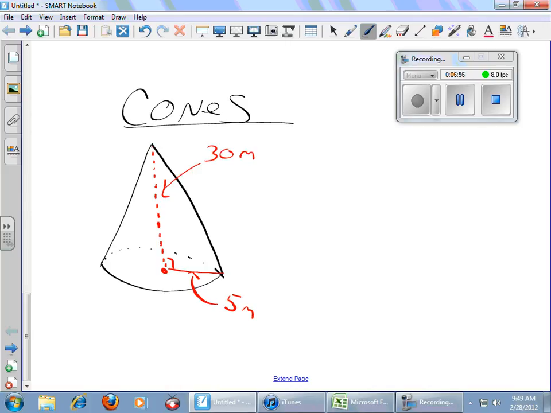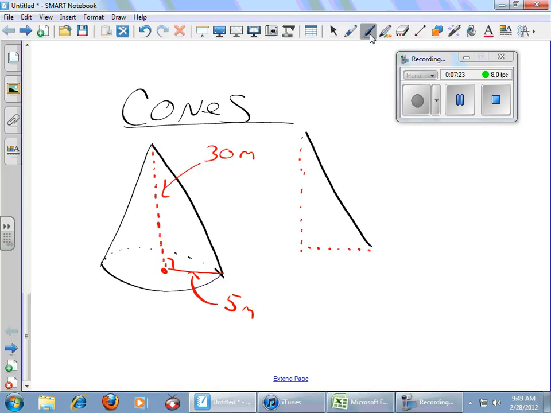You're also going to need the slant height of the cone, and I'm going to use Pythagoras to figure that out again. I don't know if you can see it. The triangle that looks like this in the shape. The slant height is the black side, so that's the hypotenuse. So I am going to go ahead and use Pythagoras to figure out the square root of 30 squared minus 25.